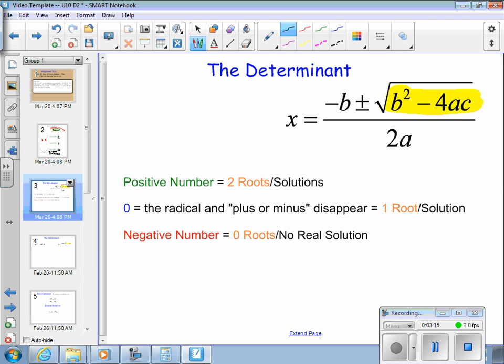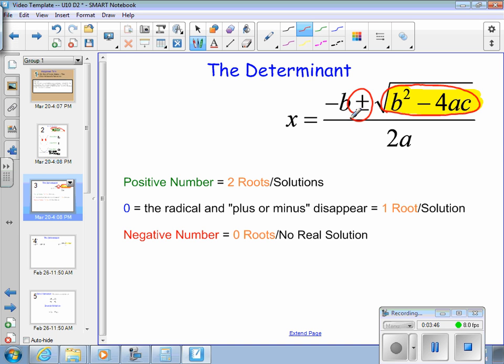Okay, now you have learned about the quadratic formula, and there's a piece of the quadratic formula that will tell us how many roots there are. We refer to this piece as the discriminant, and it's the piece that is under the radical here. So if we get a positive number under the radical, then the radical comes into play, and we have to deal with this plus or minus issue.